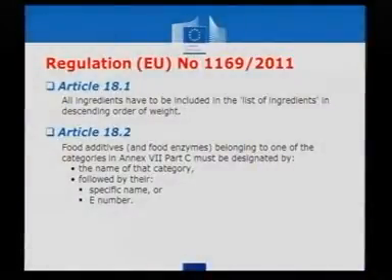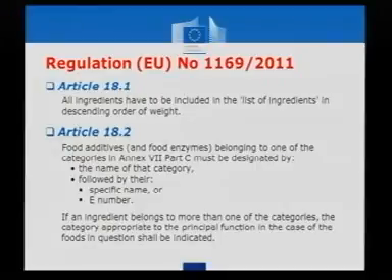So the producer can choose whether he wants to put the complete name of the additive or use the E number, but he must always have the name of the category before.